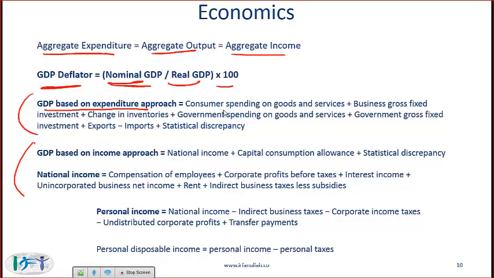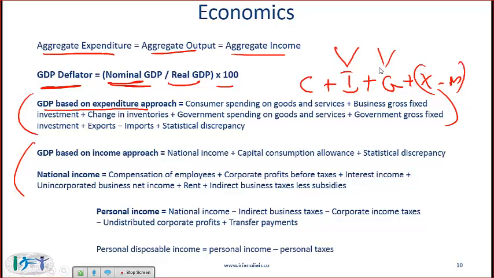Very broadly speaking, this is consumer spending plus government spending plus business spending plus net exports. That is written in a somewhat complicated way over here, but the simple way of writing it is consumer spending plus investments plus government spending plus X minus M. Sometimes we split the investments into different kinds of investments and split the government spending into different categories.